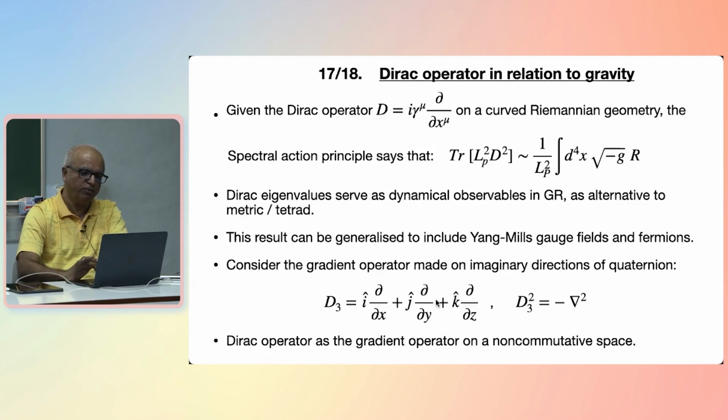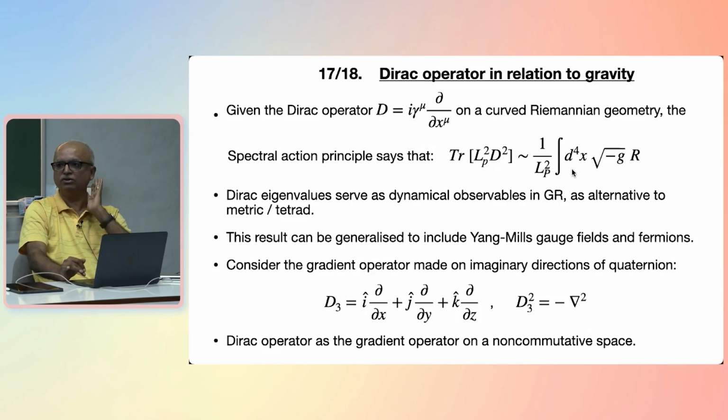The Dirac operator seems to be very profound in general relativity for the following reason, something known as the spectral action principle. You are familiar with the Einstein-Hilbert action, R root minus g. On this space-time, let us write down the Dirac equation, that is the Dirac operator D psi equals m psi. Look at the eigenvalues of the Dirac equation on that space-time.